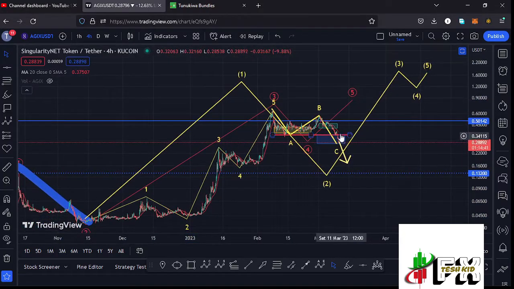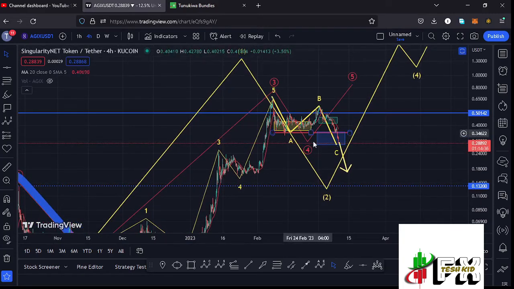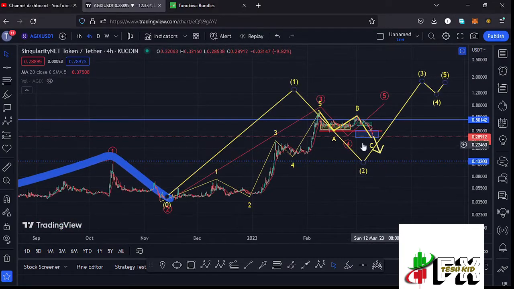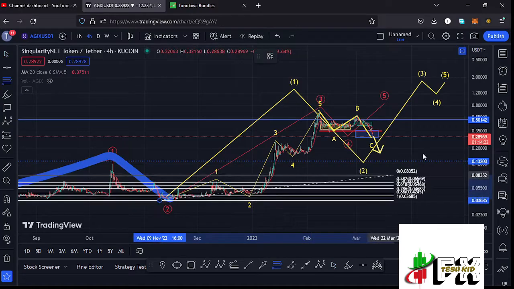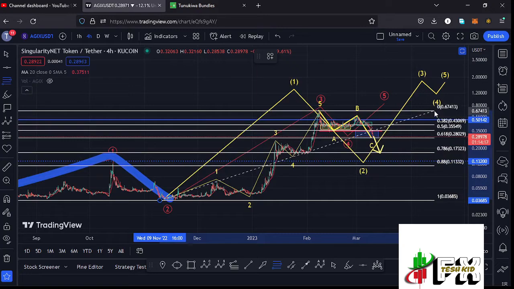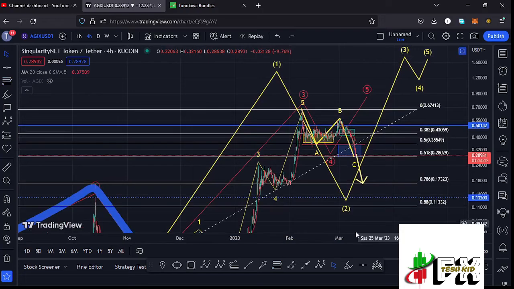And in case we lose this blue target area down here in the formation of this wave 4 of the scenario that I've been expecting in my previous videos, then there are chances that we might continue seeing the breakdown into the minimum retracement area in the formation of this wave 2, which we can sketch out using the Fibonacci's, connecting them from the low of the first wave down there to the high of that wave 1 at around the $0.67 mark, and that gives me a minimum target area between the fib level 0.5 and the fib level 0.618, which I can mark here on the charts like that.